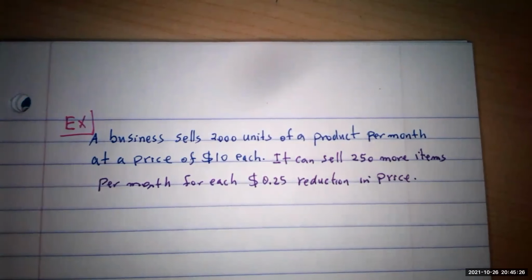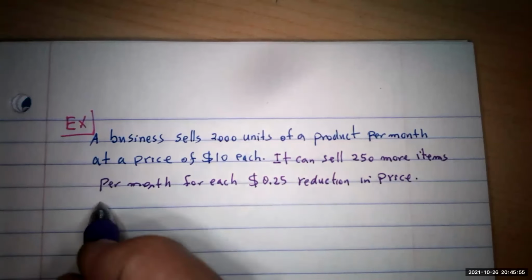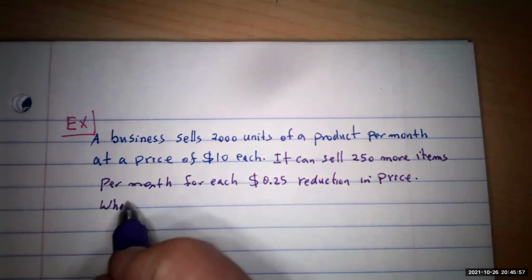So anytime you reduce the price by 25 cents, you are going to get 250 more customers. So the question is going to be, what price should give you a maximum revenue? So you want to know how far you are going to go.